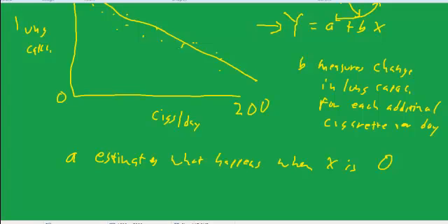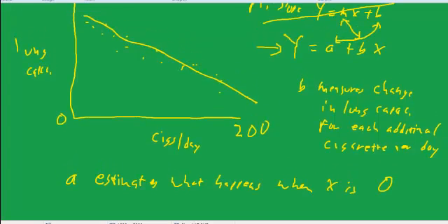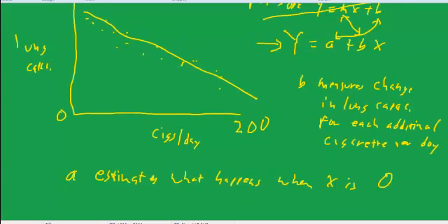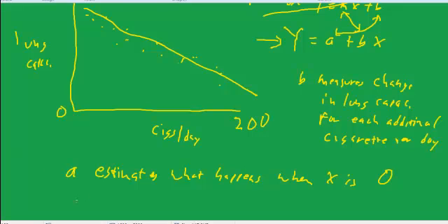For example, if you had something where the x variable was height, like the average height of a man, then you wouldn't really have a reasonable interpretation of what would happen if a man's height fell literally down to 0 because we don't observe that. So sometimes a is interesting and sometimes it's not.